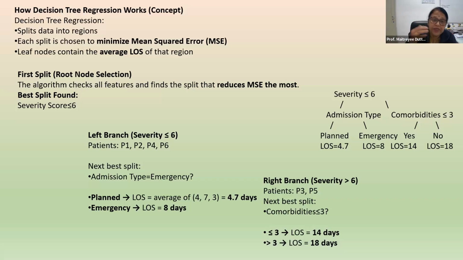With your model, if any new person comes, depending on this, you can directly find out what the LOS of that patient should be. Now if you have more patients and more data, automatically your decision model will be more complex also.